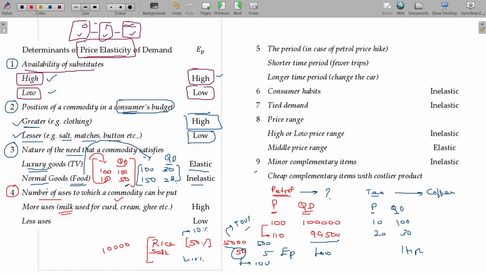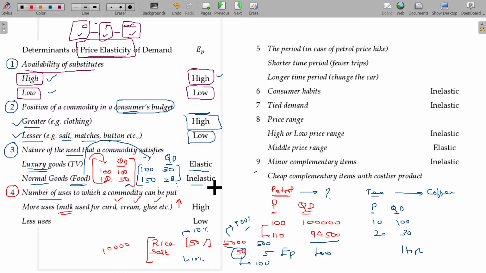Milk can be used for curd, cream, ghee, butter, and cooking. But once it becomes very costly, you stop using it for all these things. You stop consuming lavishly. You use it sparingly where it is needed. Probably for the kid's feed, then we will purchase only for that, not for other purposes. So a price increase greatly affects demand. A price decrease also greatly affects it.